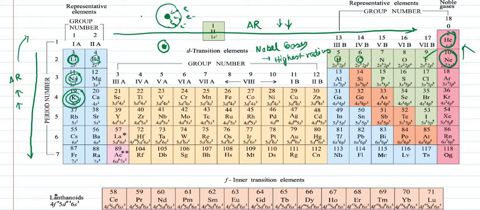Why? Because all these radiuses that we are seeing, they are all covalent radiuses, except noble gases. For noble gases, the only applicable radius is actually your van der Waal radius.